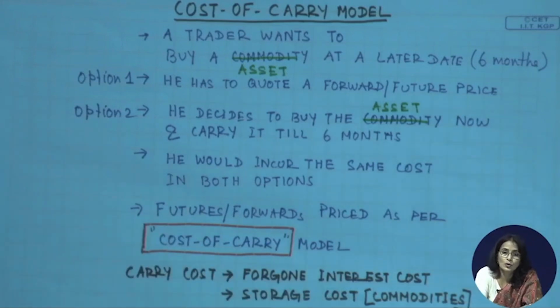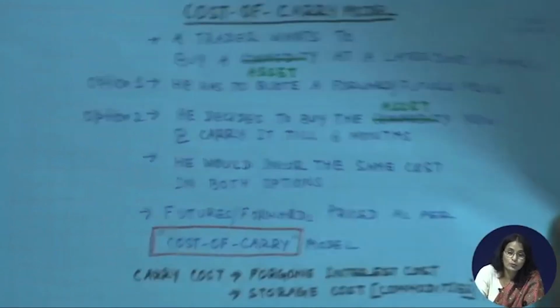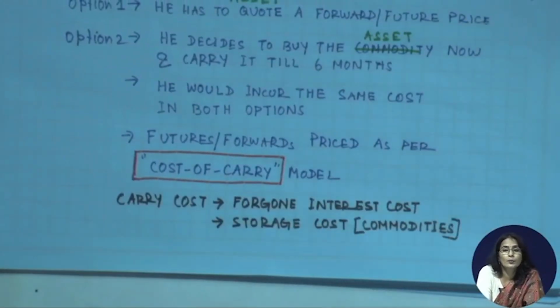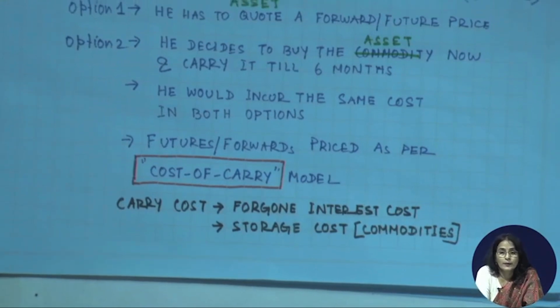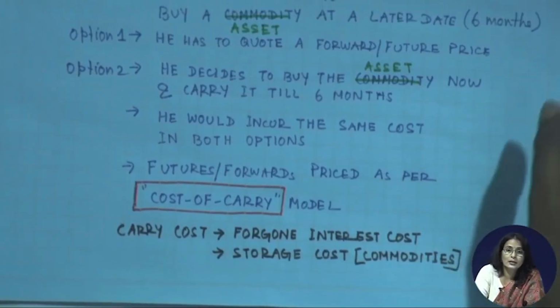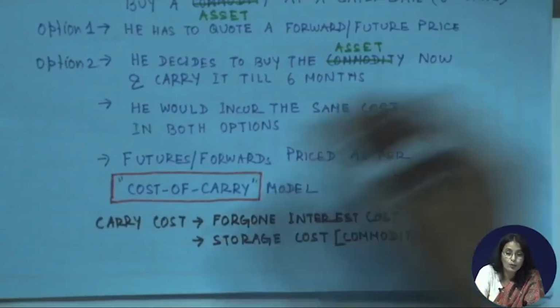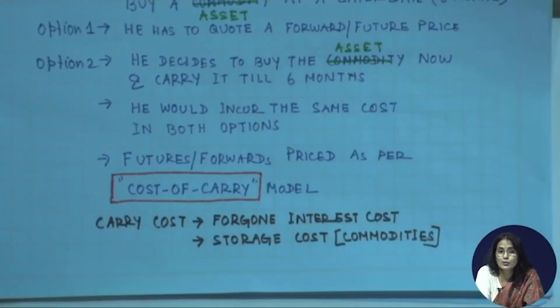The total cost involved is going to be equal to the forward or futures price the trader is going to quote. In case of a regular financial asset, you have a foregone interest cost, and in case of commodities you also have storage cost. In case of a financial asset, you do not have a storage cost associated with it, but in case of commodities, there is some storage cost associated.